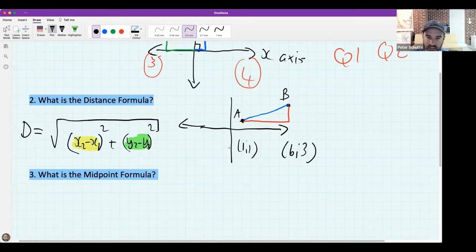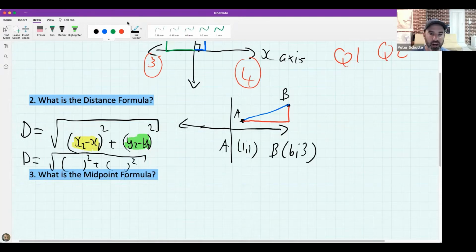Okay, so let's just say this is point A, that's point B. In order to use the distance formula, if I want to find the distance between A and B, I'm going to have my 2 squared bits, and then I need to work out the difference between the 2 x coordinates. In this case, 6 minus 1 is just going to be 5. And the distance between 3 and 1, that's the y, that's basically this thing over here, so that's going to be 2.